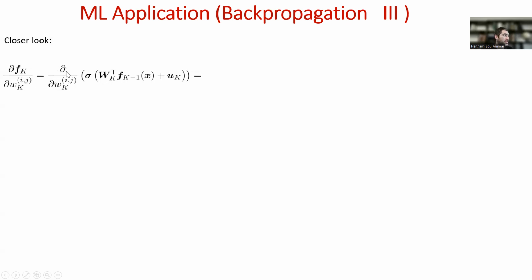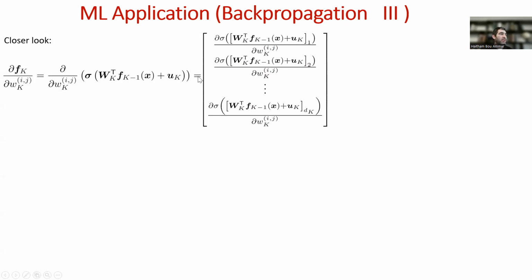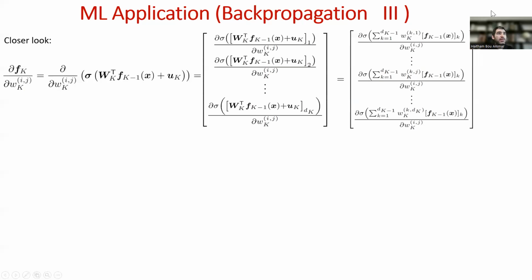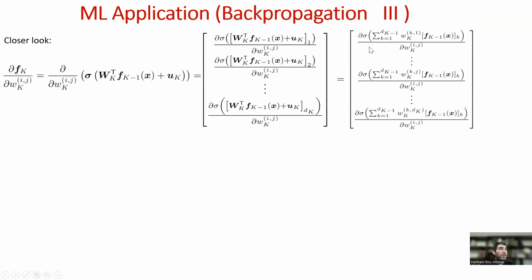As we had previously, it's nothing but a partial derivative of that vector function, and we know that vector function is the activation function applied to each component of the vector W_k transpose f_{k-1} plus u_k. So we write it component-wise as presented here, and we can rewrite it further in this form, where we decompose this matrix-vector product in terms of the matrix entries.